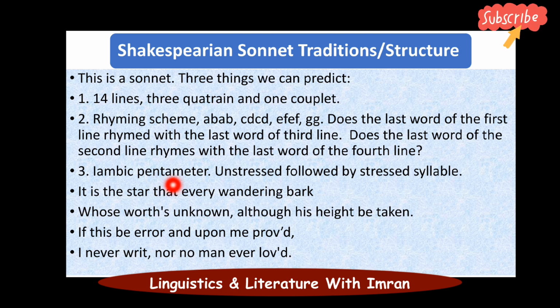So the total number of syllables is 10 and the total number of feet is 5. That's why it's called pentameter. So the first syllable will be unstressed followed by a stressed syllable.